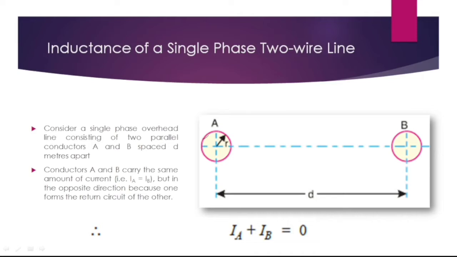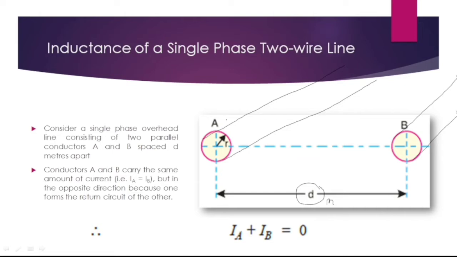This is the conductor A, and for your clear understanding, I am drawing here the conductor A and this one is the conductor B. These two look like parallel conductors, separated by a distance of d meters.